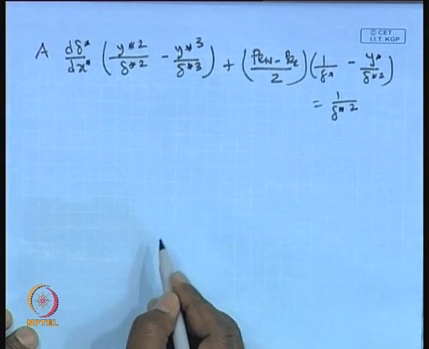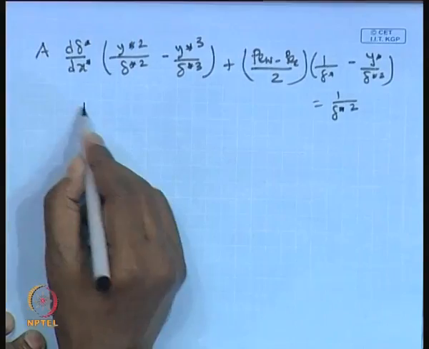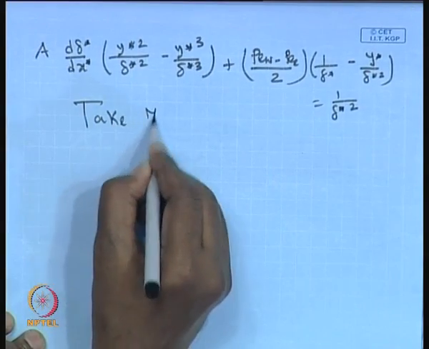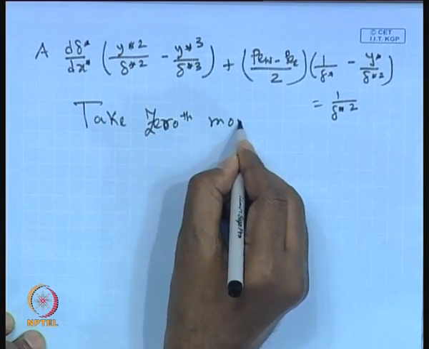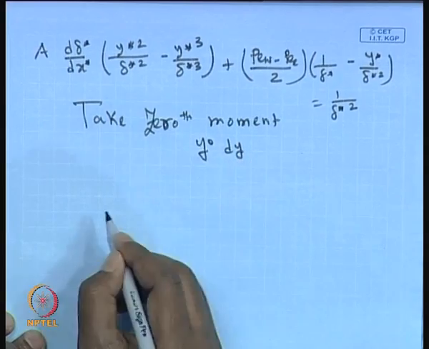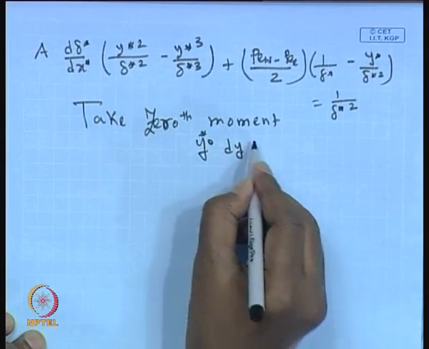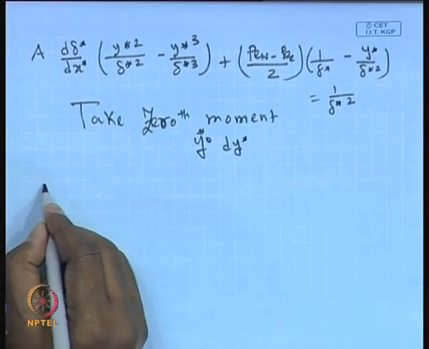So, now what you are going to do, it is a standard boundary layer theory, you multiply both sides by dy star, that is you take the 0th moment. Zeroth moment means you multiply both sides by y star to the power 0 dy star, and integrate across the boundary layer thickness 0 to delta star.